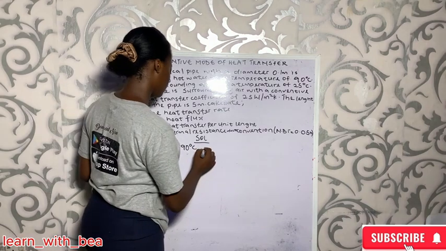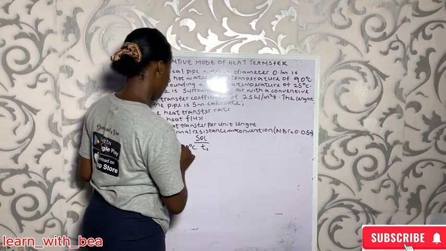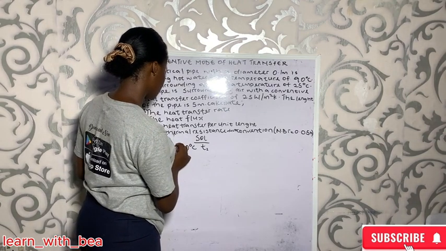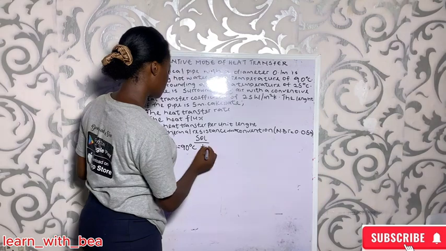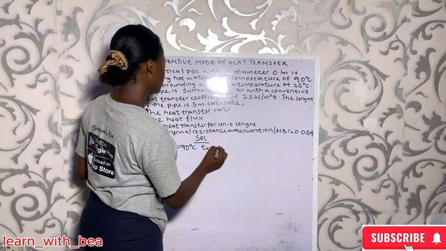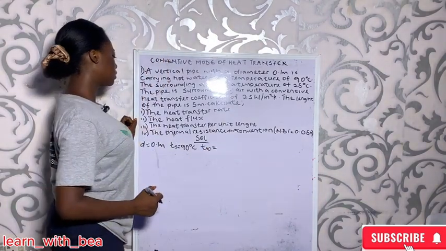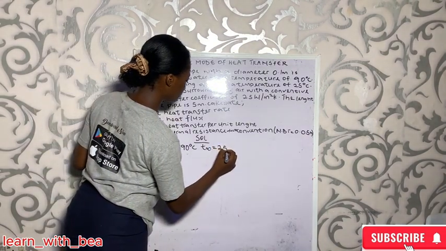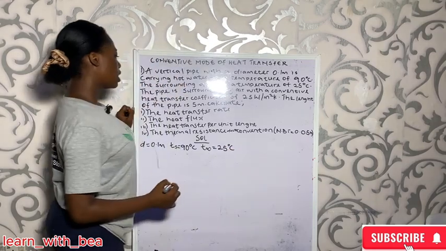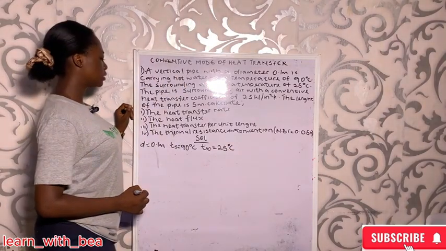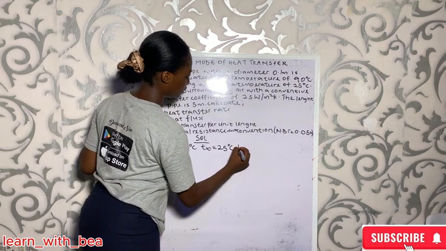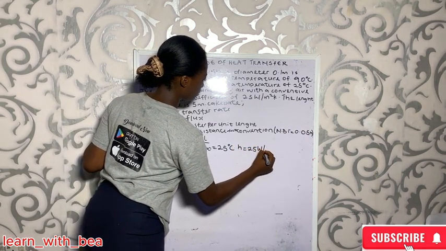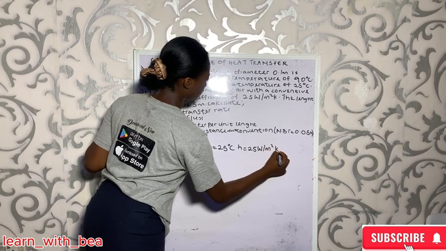So the T2 now, or let's say Ts, that's the surface, and the T surrounding. The surrounding air has a temperature of 25 degrees C. The pipe is surrounded by air with a convective heat transfer coefficient of 25 watts per meter square Kelvin.